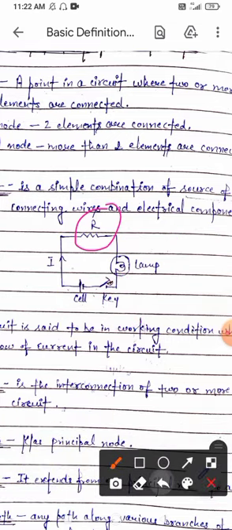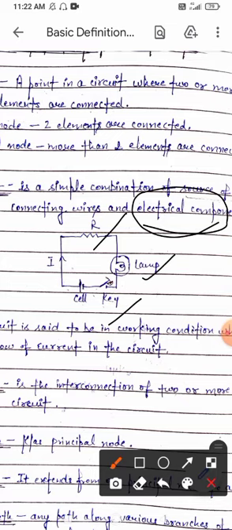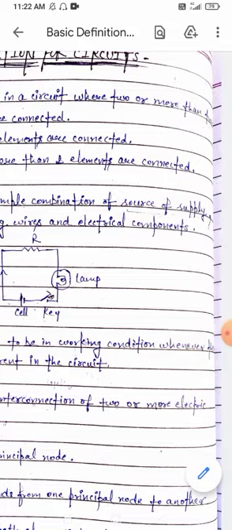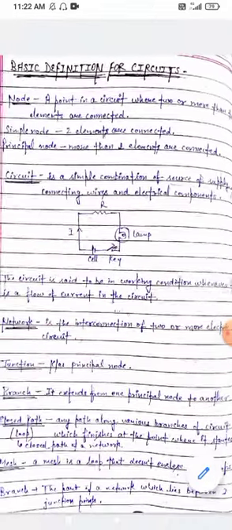Now resistor, lamp, key, these all are electrical components, and also the cell. All these elements are connected by connecting wires, and in this circuit the cell is known as source of supply.